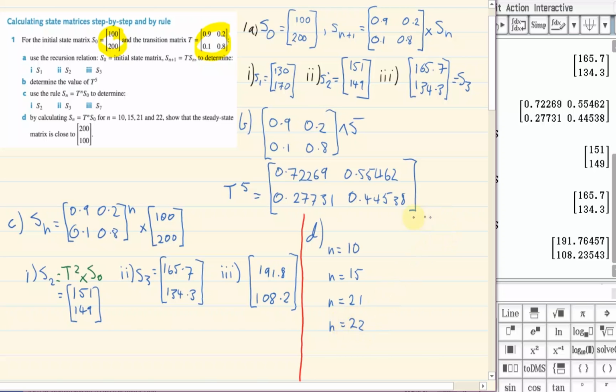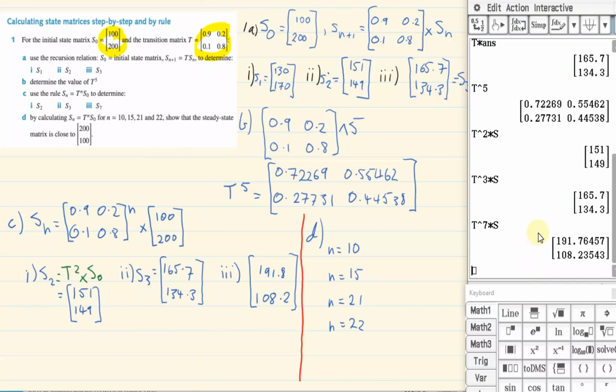What we want to see is that when we replace n with these numbers, particularly 21 and 22, to the nearest whole number there's no change in state between the two.